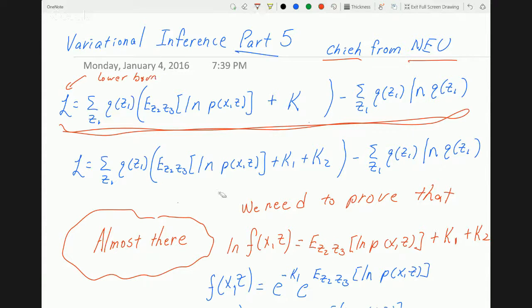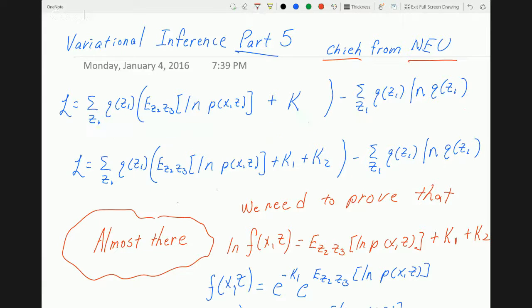We have been essentially just simplifying the lower bound to come up with some eventual decision about it. So the first thing I'm going to do is split this K into K equals K1 plus K2, which becomes here.